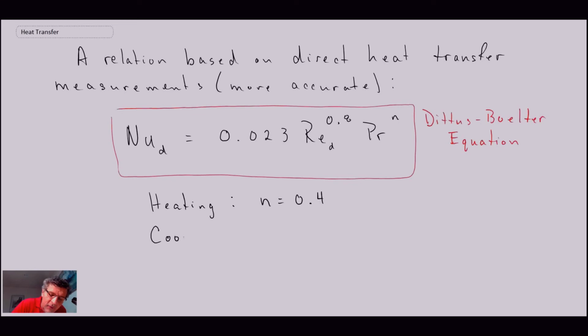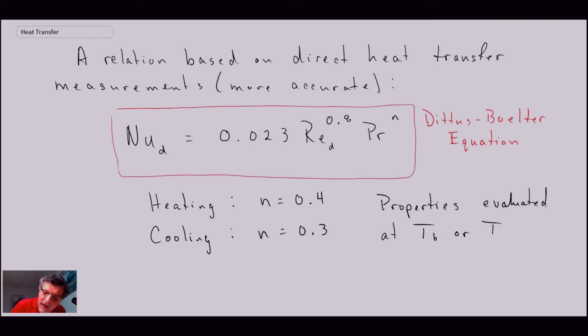And if we have cooling, where the wall temperature is cooler, then n is 0.3. And the last thing is that the properties in this equation are evaluated at TB or TM, the bulk or mean temperature.